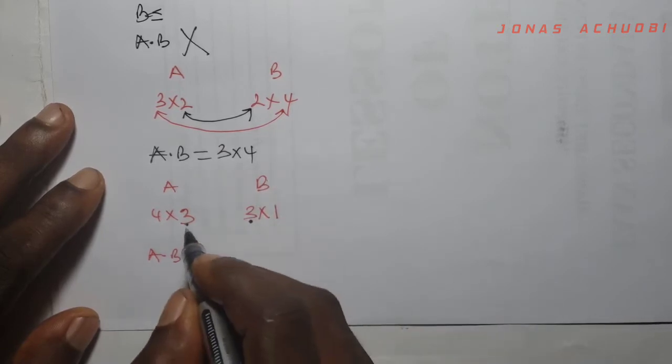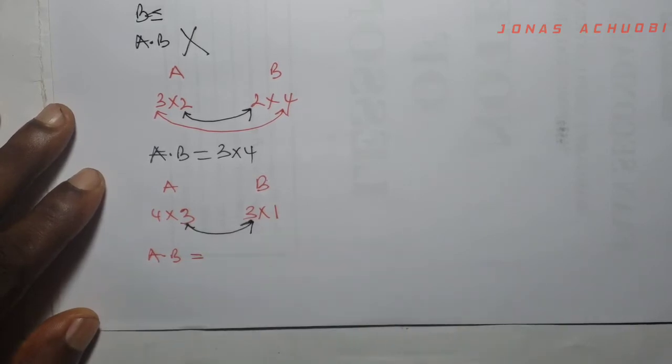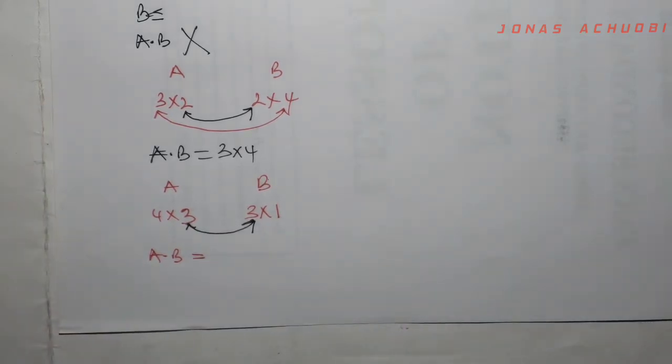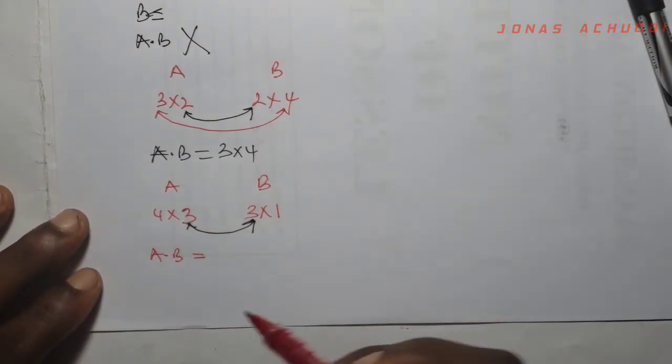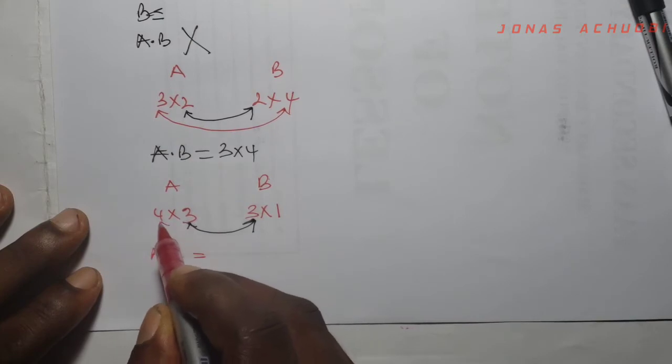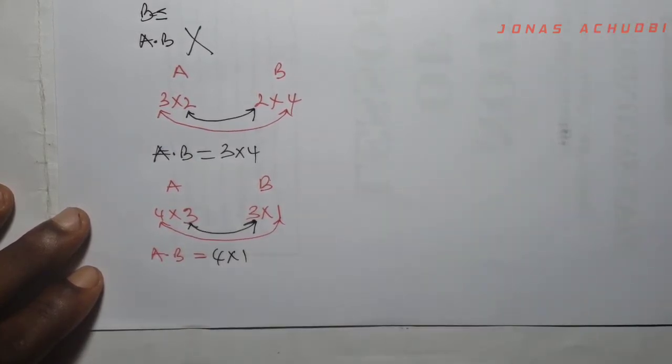So the number of columns of matrix A matches the number of rows of matrix B. Hence, matrix A can be multiplied by matrix B. And if matrix A and matrix B are multiplied, our new matrix is going to have a dimension of 4 by 1.